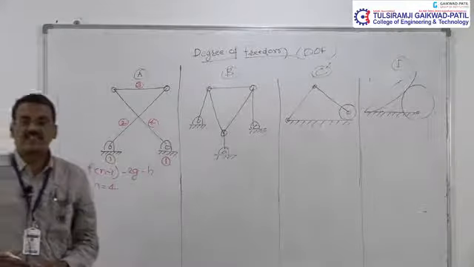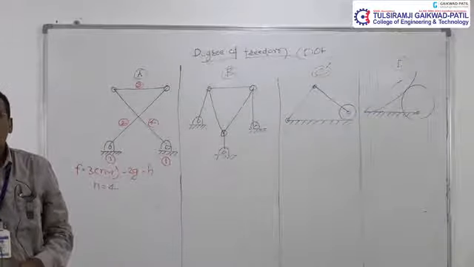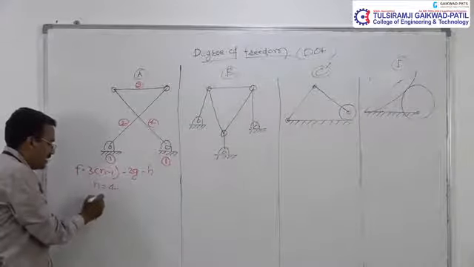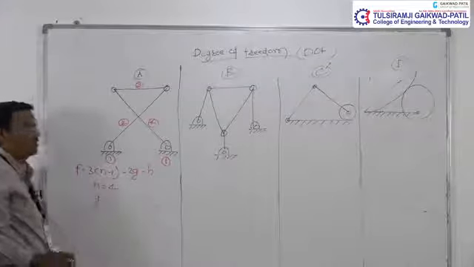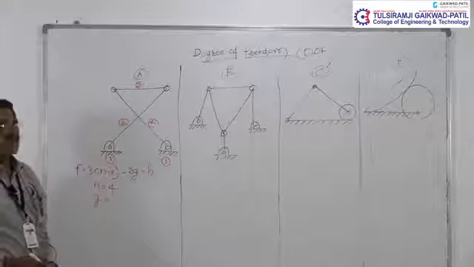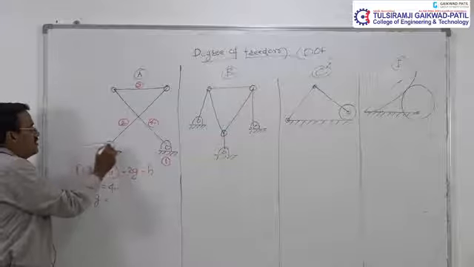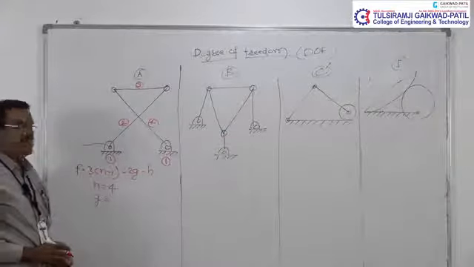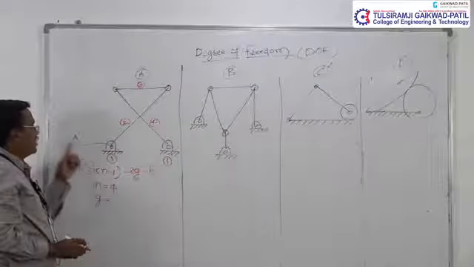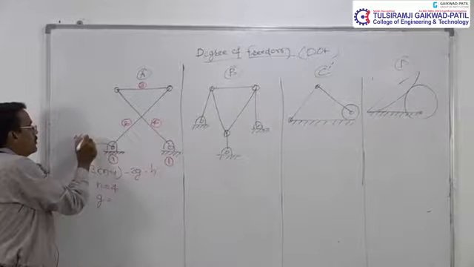Now the next step is to calculate the number of lower pairs, and the number of lower pairs is always denoted by small g. Let us check what is the value of small g in numerical A. Here, g means the number of lower pairs. A is a lower pair which is formed by link 1 and link 2.